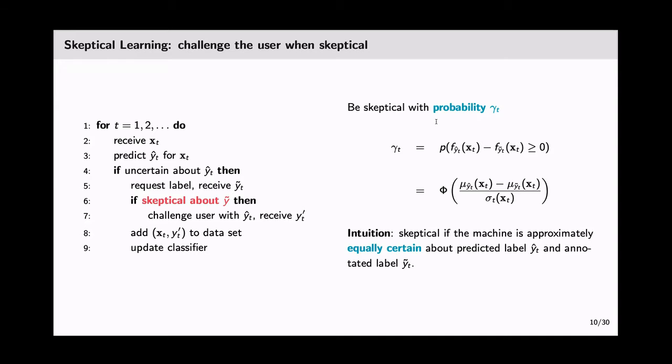More formally, the probability to be skeptical depends on the difference of the integrals of the Gaussian distribution of X on the predicted class and the user label. The probability that this difference is greater than 0.